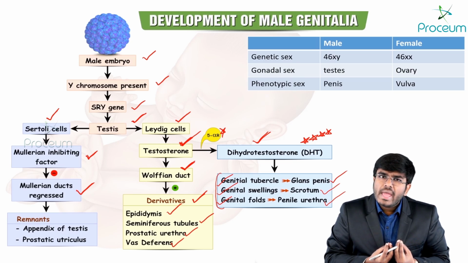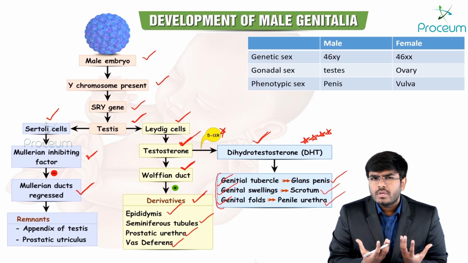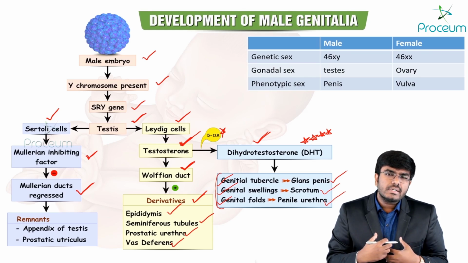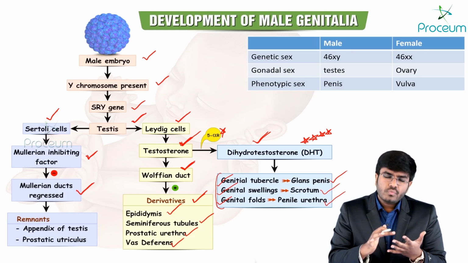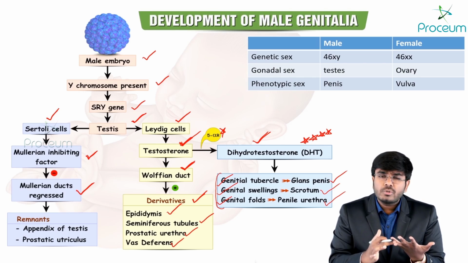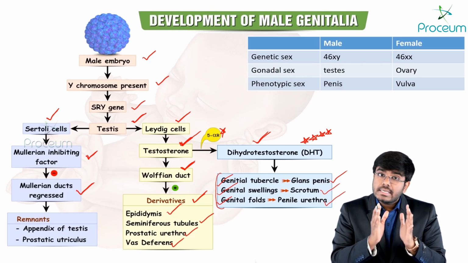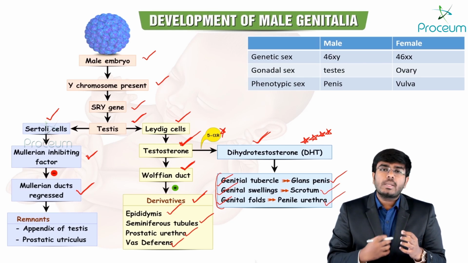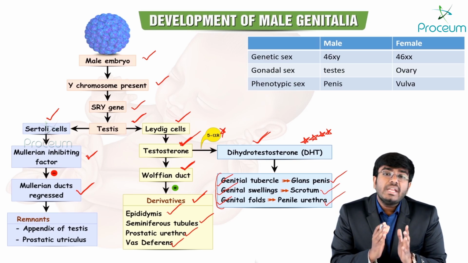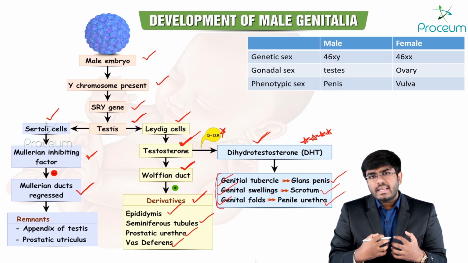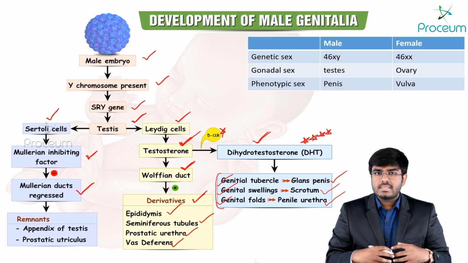They will undergo expression. They will develop, so that a male fetus can have uterus, fallopian tubes, upper two-thirds of vagina and cervix. Yes, it is possible. If a male is not making Mullerian inhibiting factor, then this male can develop all these structures.